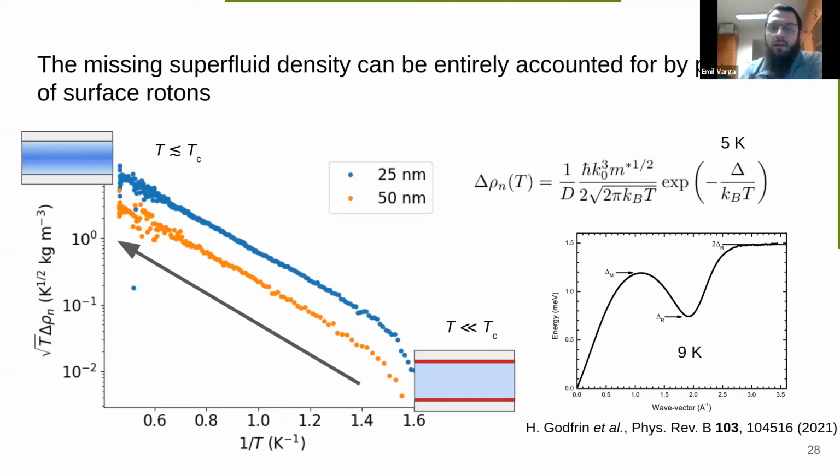What we did check, and I don't show it here, is that if we assume the effective mass to be something, from these curves, not just from the slopes but from the curves themselves, we can estimate the wave vector and the wavelength of the roton, and it fits with both neutron data in confinement and simulations pretty well. Okay, well, thank you. Congratulations. Nice job. Thank you very much. That was a very good point.